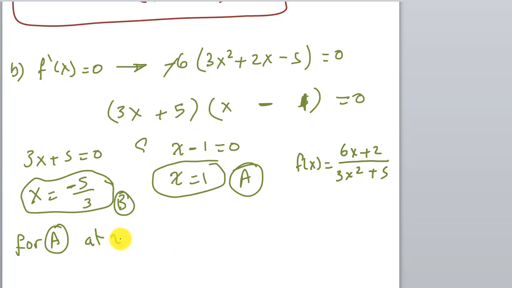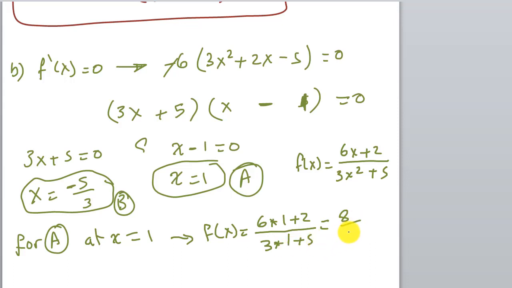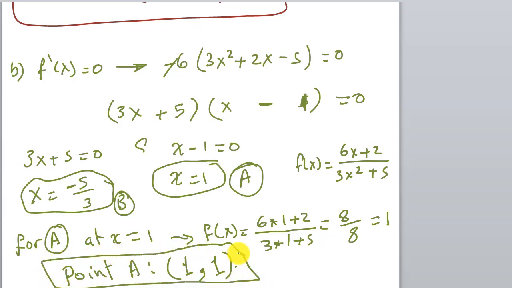So at x equal to 1, f of x equal to 6 multiplied by 1 plus 2, divided by 3 multiplied by 1 plus 5. So it's equal to 8 divided by 3 plus 5, 8. So it's 1. So point A is 1, 1. This is the first point.